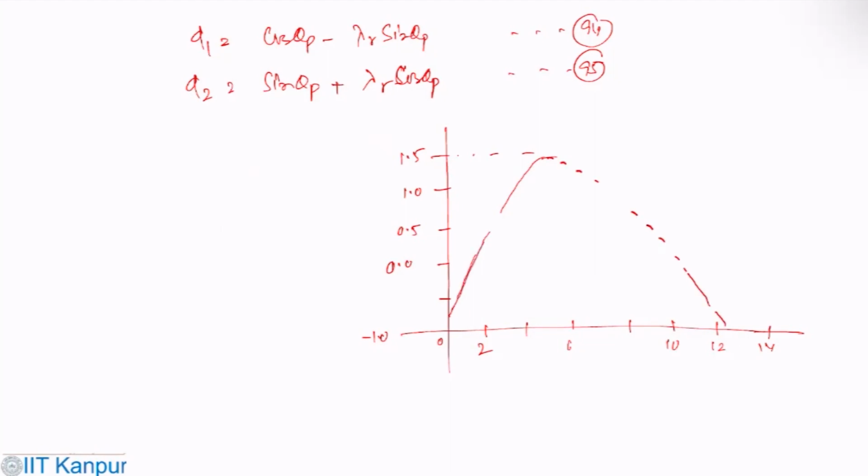So this is one. Then I have the zero line. Then I have this line. Then I have this line.